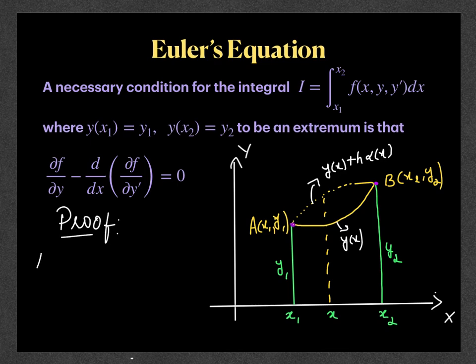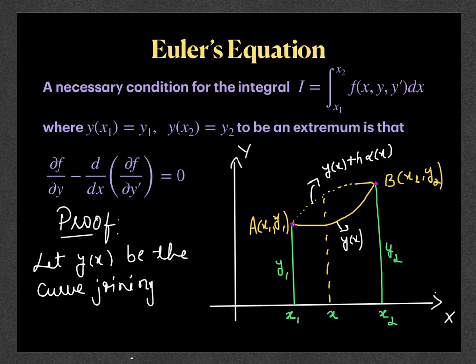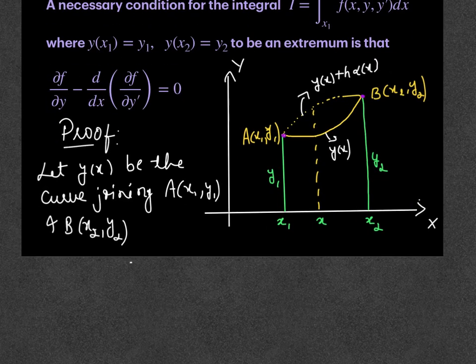So let y of x be the curve joining the points A (x1, y1) and B (x2, y2), which makes I an extremum, nothing but maximum or minimum.